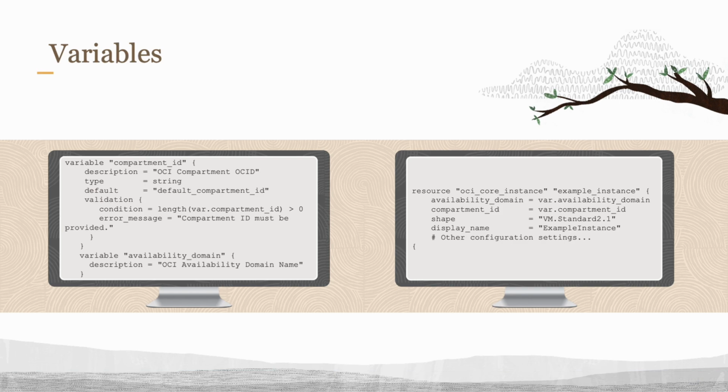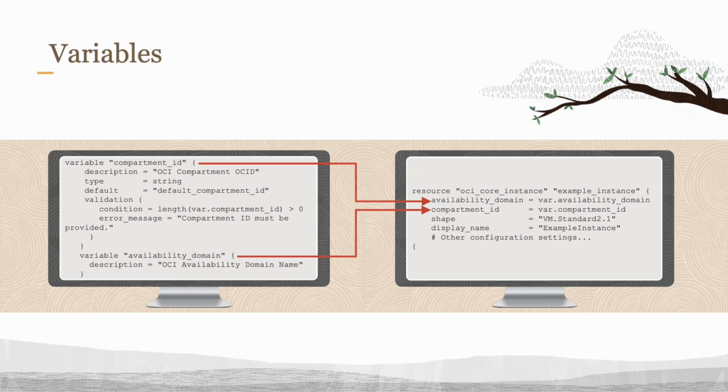On the right side, we see a resource block for an OCI instance named example_instance. Here's how we use our defined variables within this resource. We reference the availability_domain variable using var.availability_domain. This allows us to dynamically set the availability domain for our instance based on the variable's value.